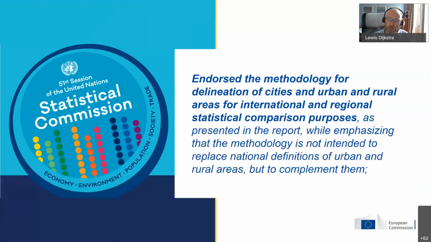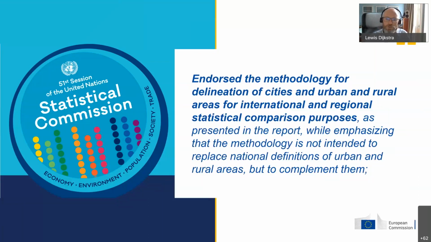Now, before passing the floor to Deborah, I wanted to give you one last takeaway from my side. What we really discovered by applying this degree of urbanization is that we all agree that there's an urban-rural continuum, and I think the national definitions all work on that continuum, but where they make the cut between urban and rural differs substantially from one country to another.